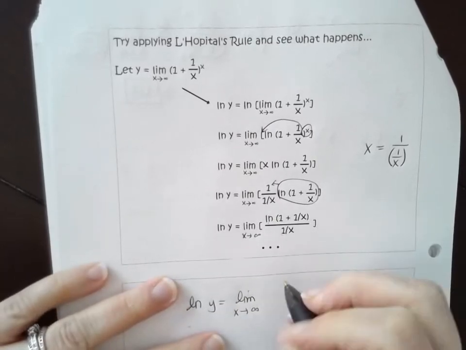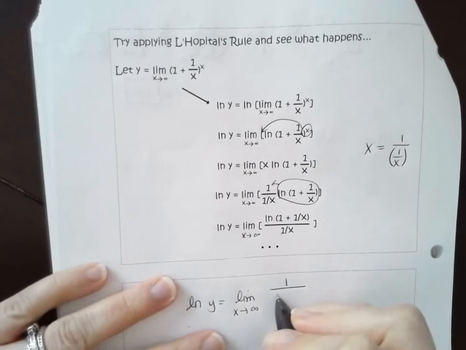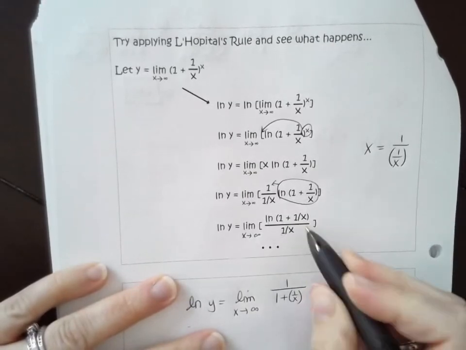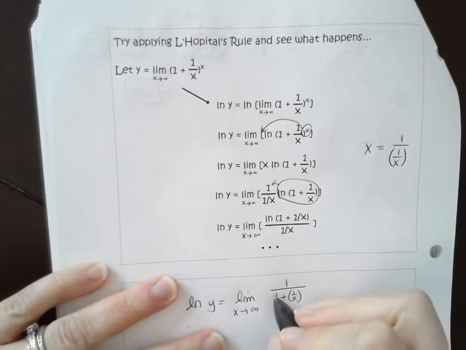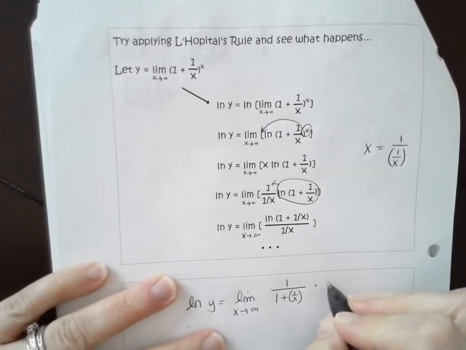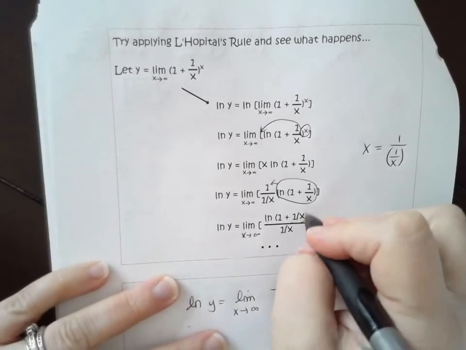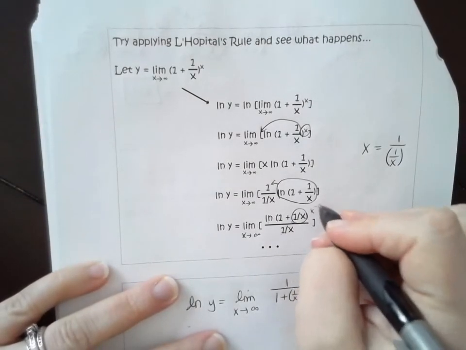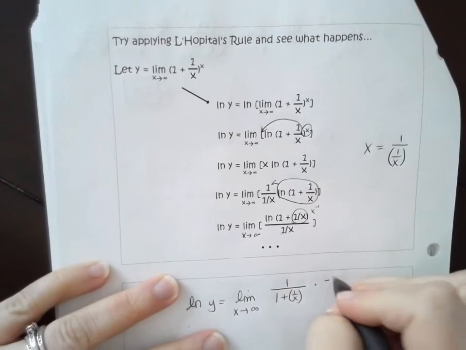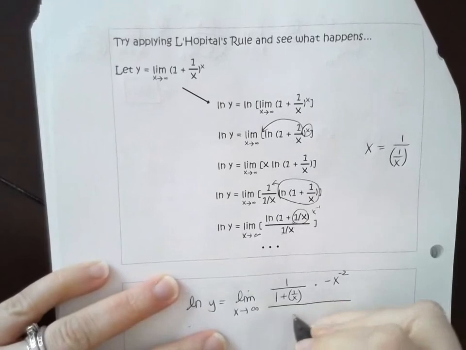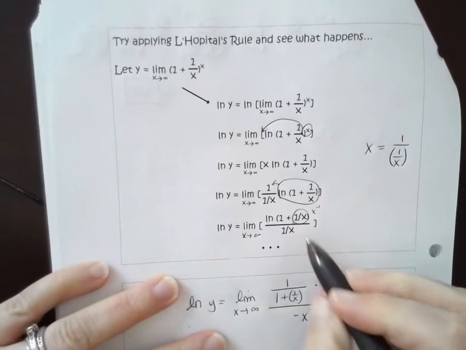The derivative of this would be 1 over 1 plus 1 over x times the derivative of what's inside, which is 0 plus, so this right here is x to the negative 1, so negative x to the negative 2. Negative x to the negative 2, right, because they're the same.